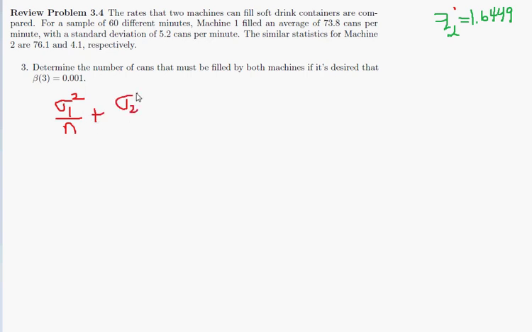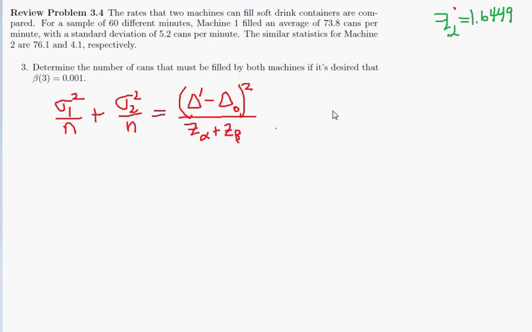So we're assuming that the same value of n is used for both machines, is equal to delta prime minus delta sub 0, squared, over z sub alpha plus z sub beta.